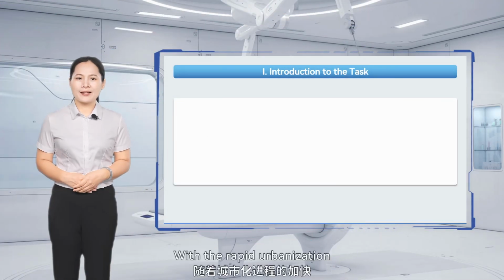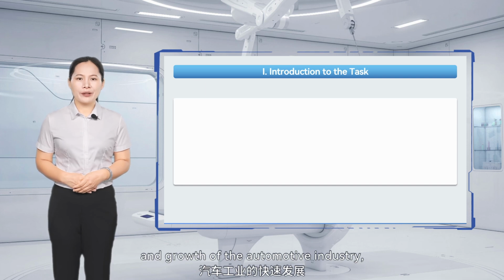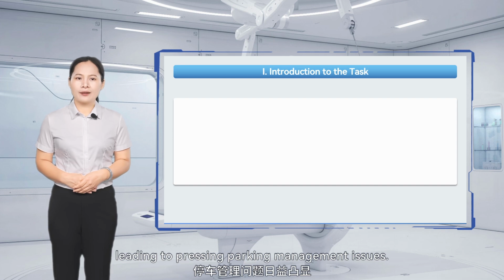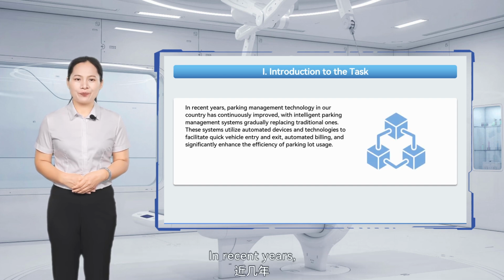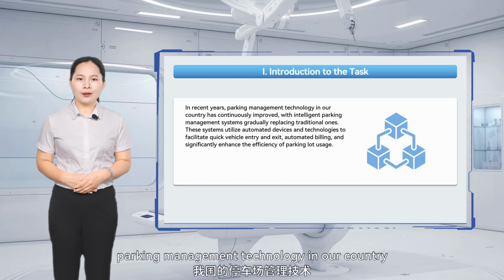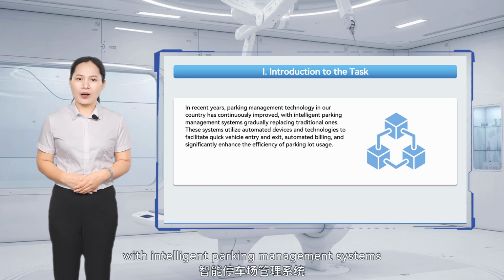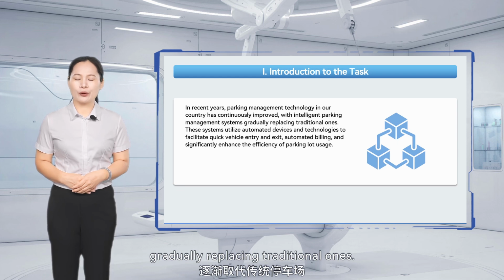With the rapid urbanization and growth of the automotive industry, the number of vehicles has increased significantly, leading to pressing parking management issues. In recent years, parking management technology in our country has continuously improved, with intelligent parking management systems gradually replacing traditional ones.